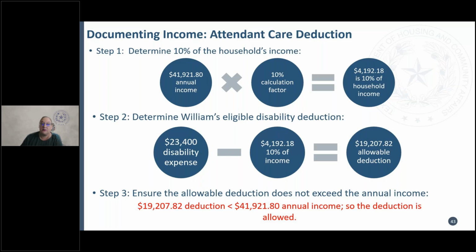So we take the disability expense of $450 times 52, which is $23,400, minus that disallowed amount to get an allowable deduction of $19,207.82, and that is less than the annual income. So this deduction is allowed. So this would be an applicable deduction for the household.